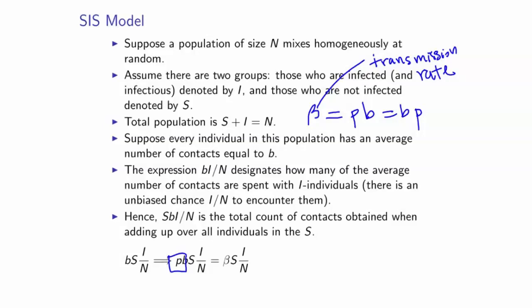So this is a rate, it's going to have units of 1 over time, but we're going to assume that B times P is denoted here with beta. So we have the expression beta times S times I divided by N. And this expression is what will be called the number of new cases of infection.